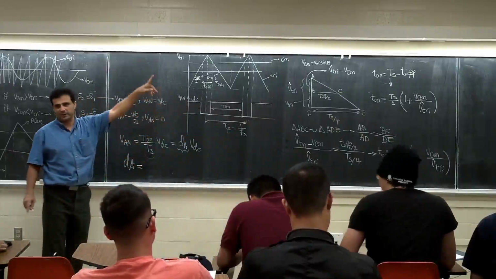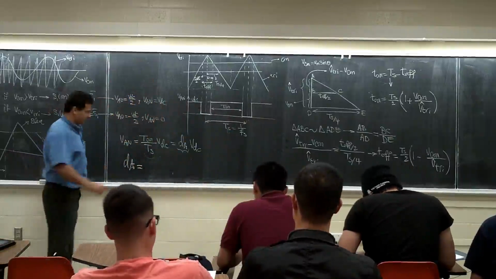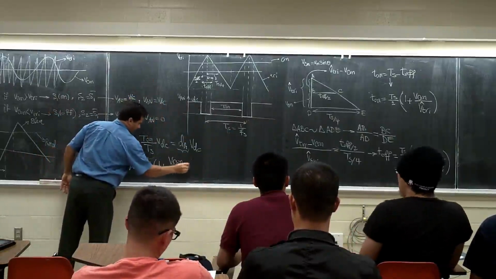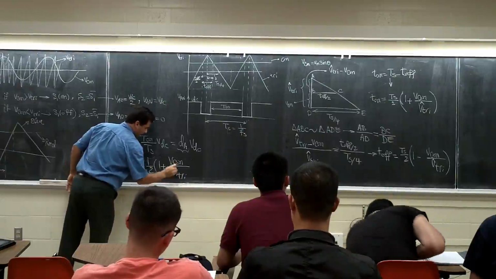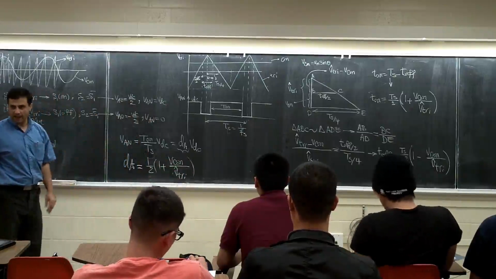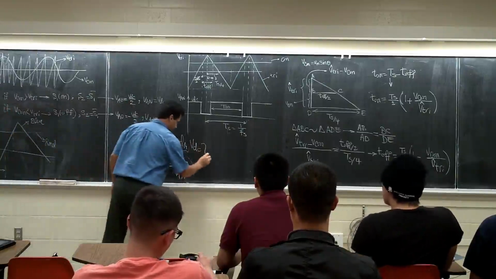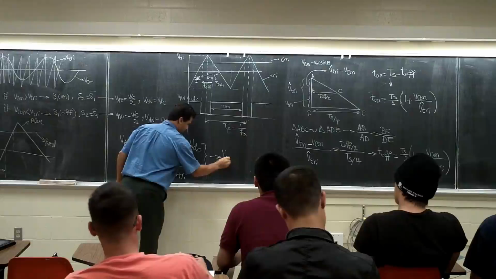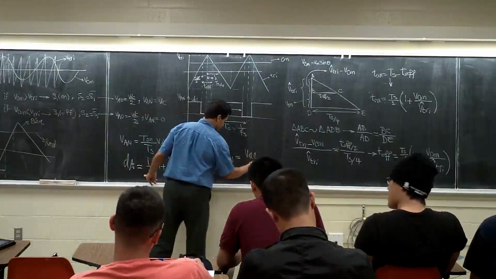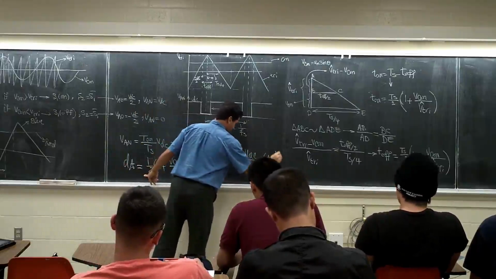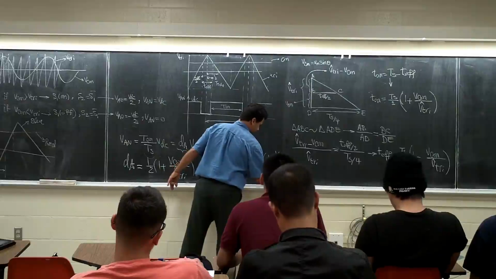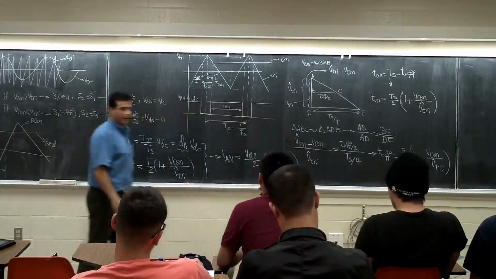So basically TS is going to cancel TS. So how much is it going to be? Right? So how much is going to be VAN? VAN is going to be... right?